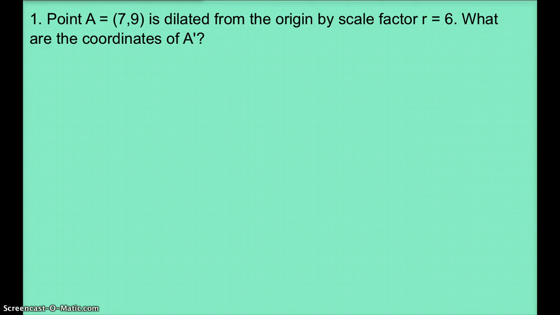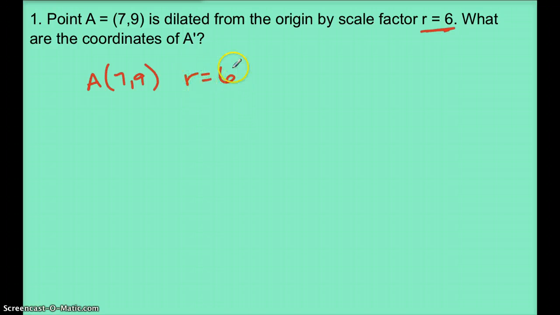So if you look at example 1, it says point A, which is located at (7, 9), is dilated from the origin by a scale factor of r equals 6. What are the coordinates of A prime? We know that A was located at (7, 9) and our scale factor is 6.